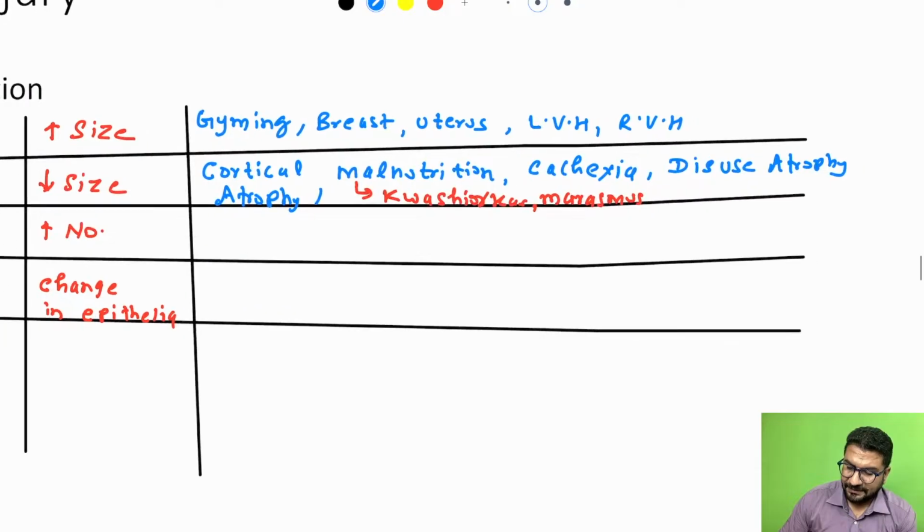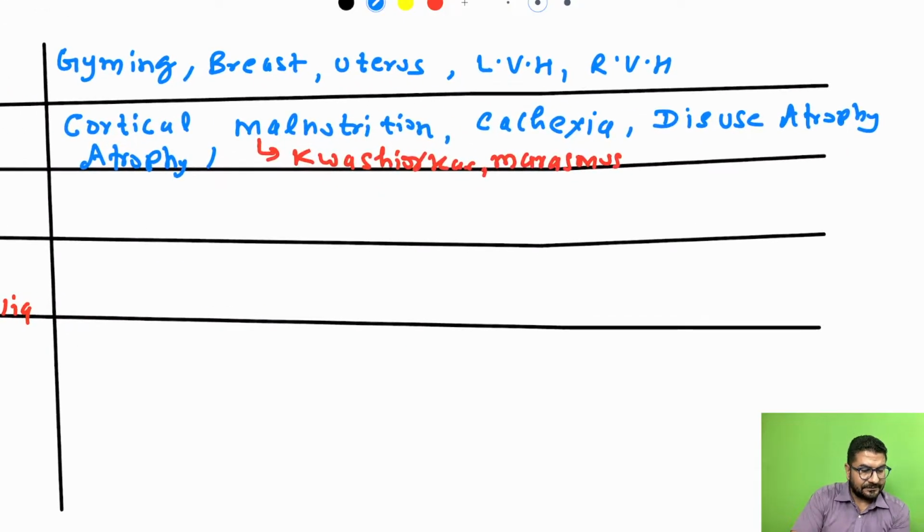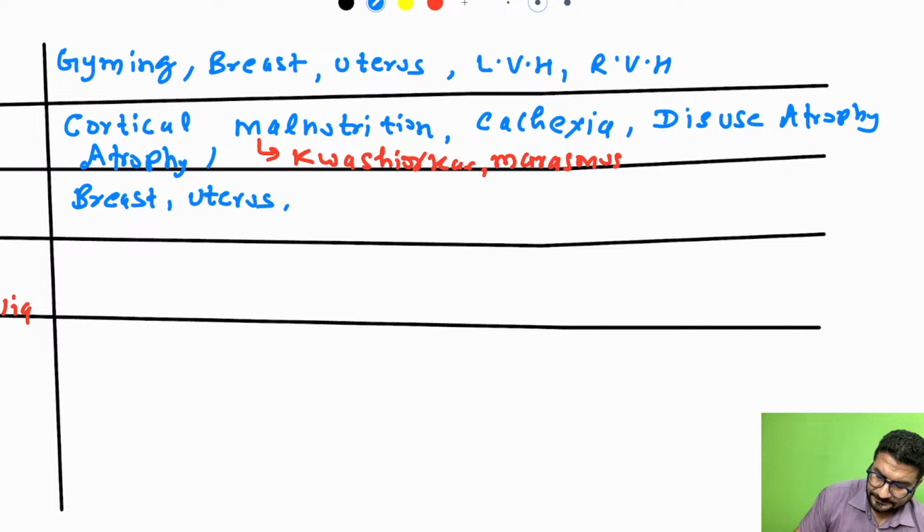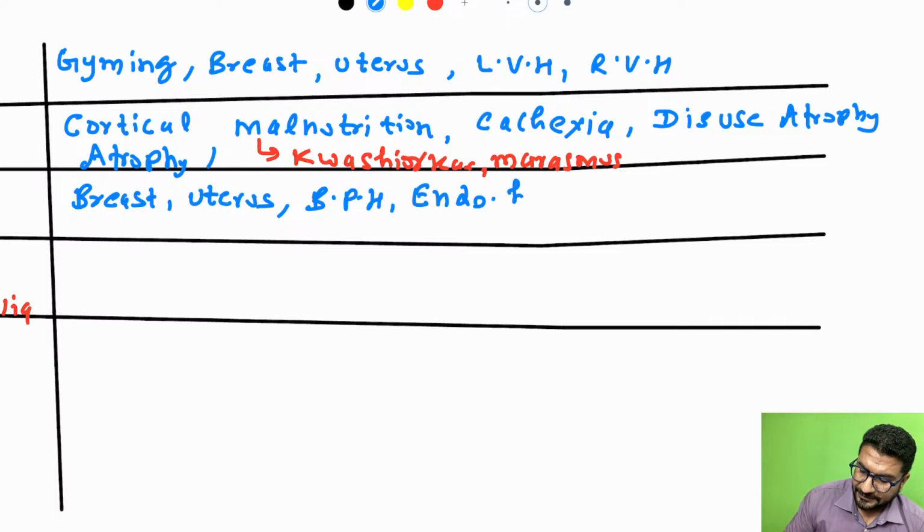Now coming to hyperplasia. So where we see hyperplasia? Hyperplasia you will see in breast and uterus. Then hyperplasia you can see in BPH, benign prostate hyperplasia. Hyperplasia you can see in a patient who is suffering from endometrial hyperplasia.